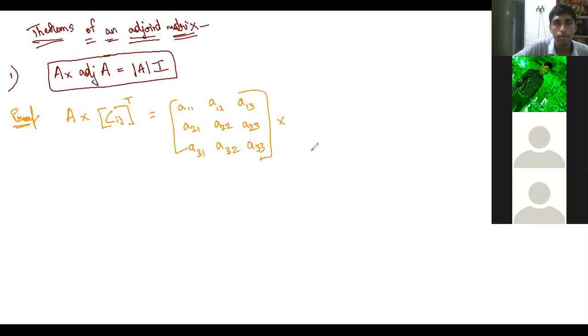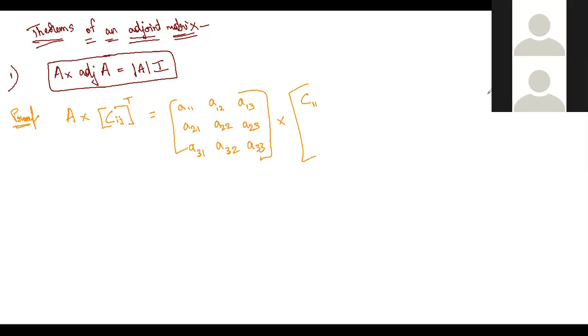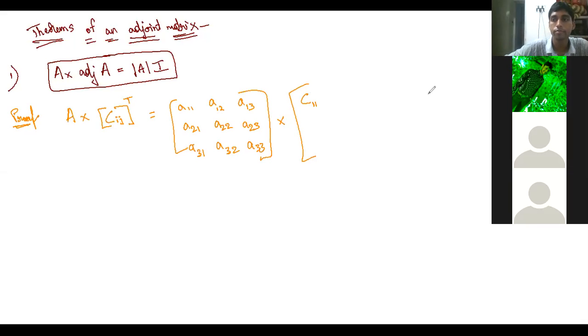Now this is the wonderful part. Can you tell me what is the adjoint of A? Can you help me write adjoint A? What are the terms? Tell me quickly. What should come here?